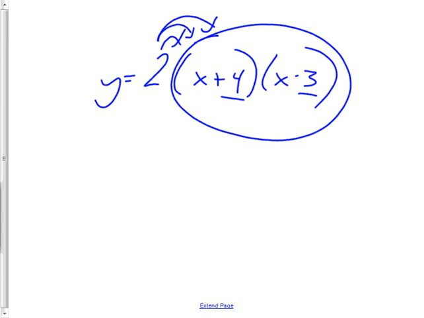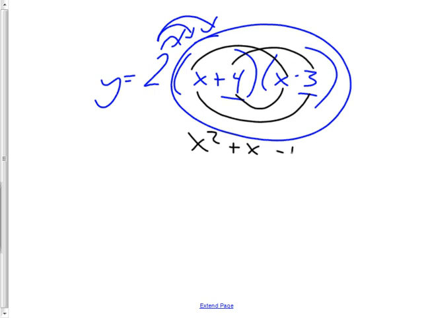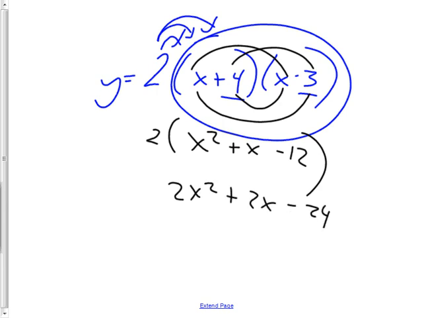Pause for a minute. First, x squared. Outside -3, inside +4. Adding -3x plus 4x makes plus x. And the last makes -12. Then I gotta multiply everything by 2 though. So now 2x squared plus 2x minus 24.